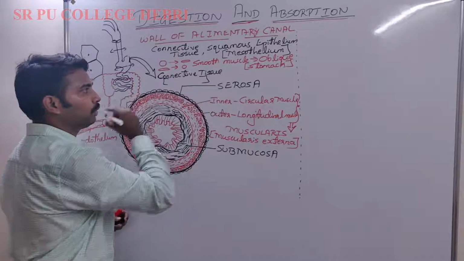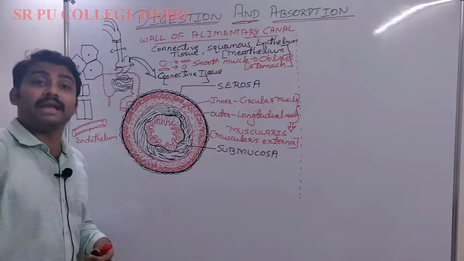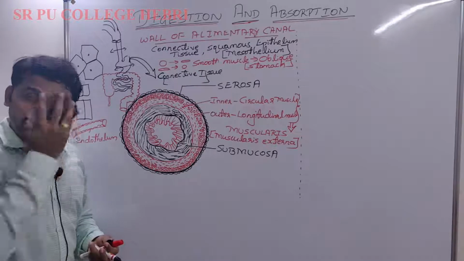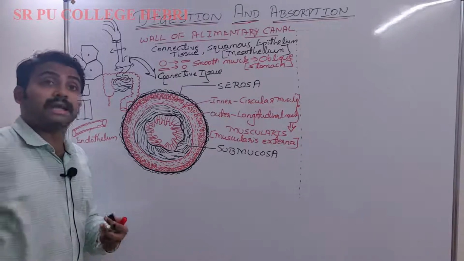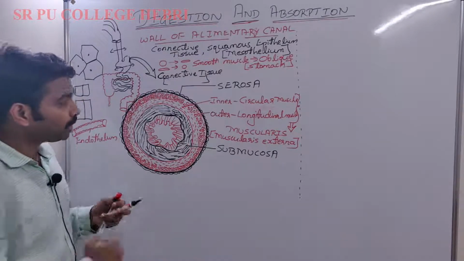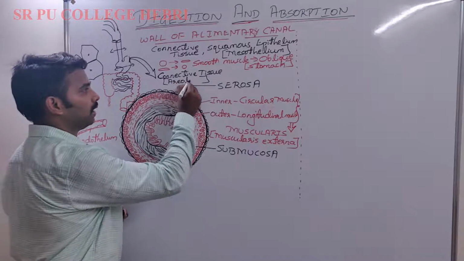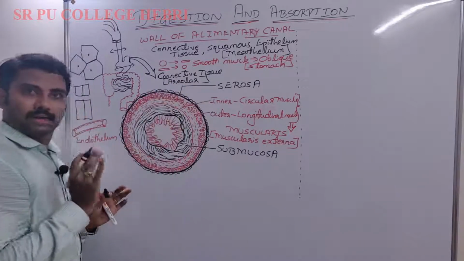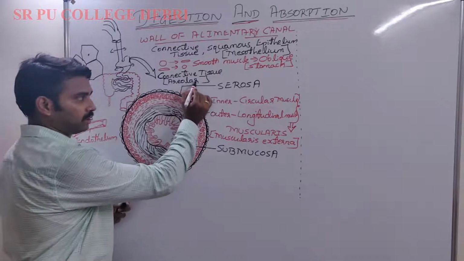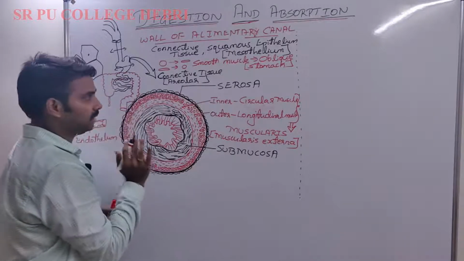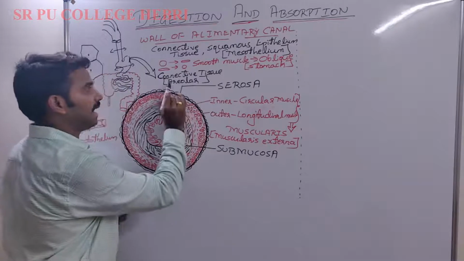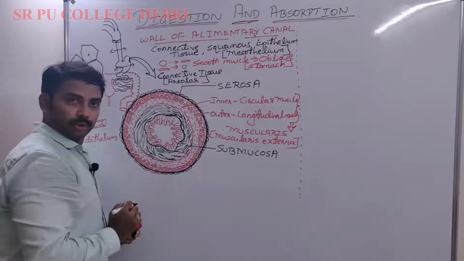In the connective tissue there are different types: areolar connective tissue, adipose connective tissue, dense connective tissue, right? Which one is present in submucosa? It is areolar. Just try to understand. In the coming session I will tell you the structure of this tissue. Now understand that submucosa has areolar connective tissue.